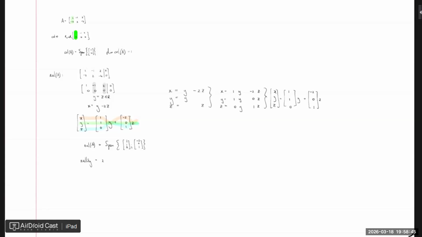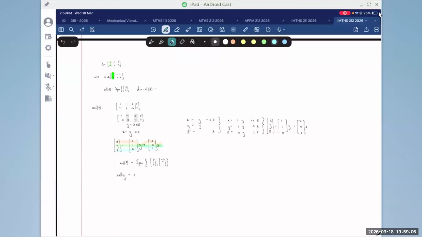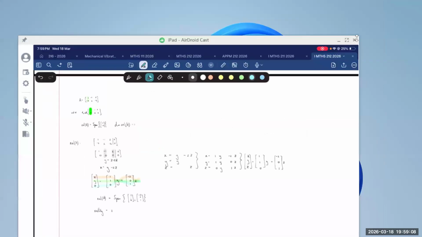For null space, you need to do calculations. You need to equate it to 0, find the parametric solution, and those vectors that are in the end there, the free variable vectors basically, that gives you the null space. Any questions? Now you can go and study for calculus.